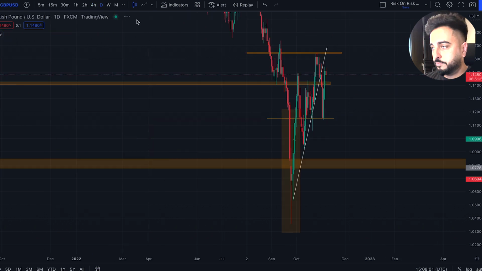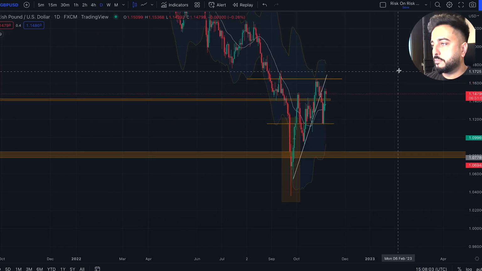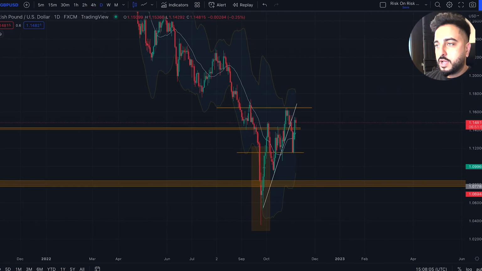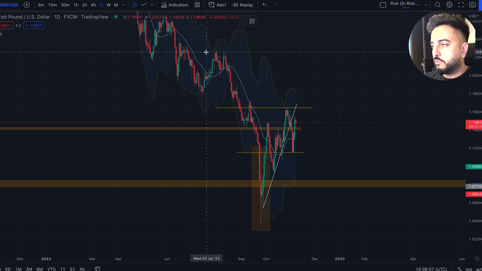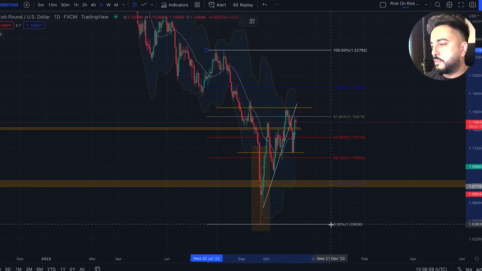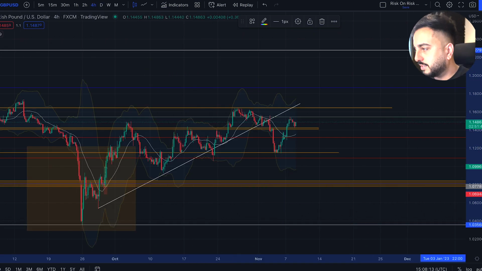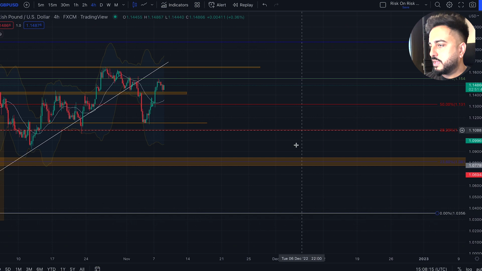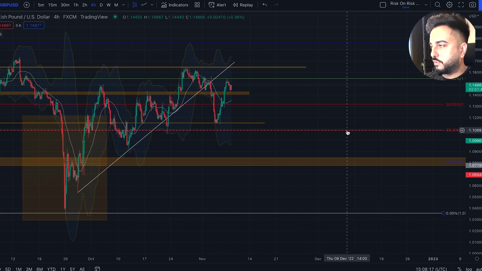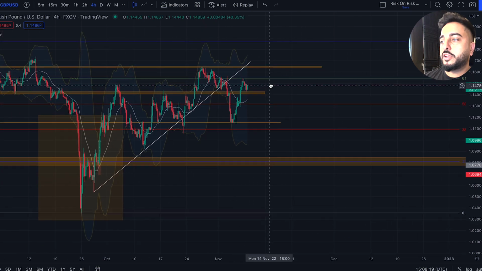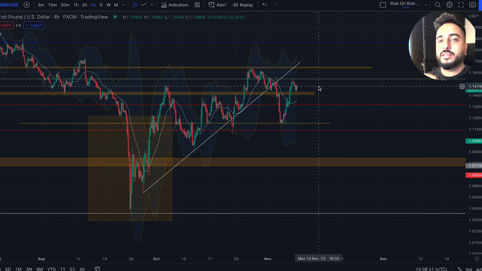And what I can even do, if I were to go to a daily time frame, is draw a fib level from the recent highs up there, down here. If I go back to the 4-hour time frame, as you guys can see, it's basically playing in our 61.8 range, as you can see right there. So for me, all eyes are on, will pound have another attempt at all-time lows?